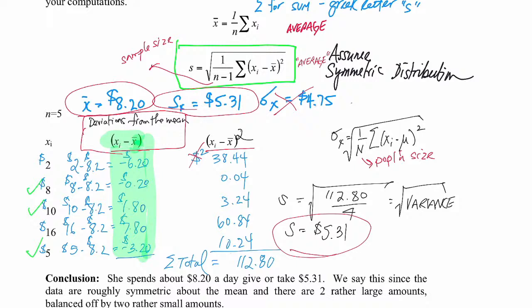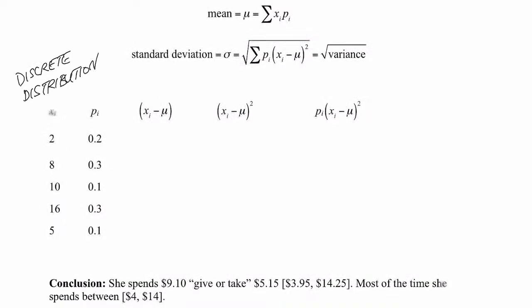They're different values, but they have equal significance. This distribution shows you the possible outcomes, and some of them are more likely than the others. 8 and 16 are more likely observations.